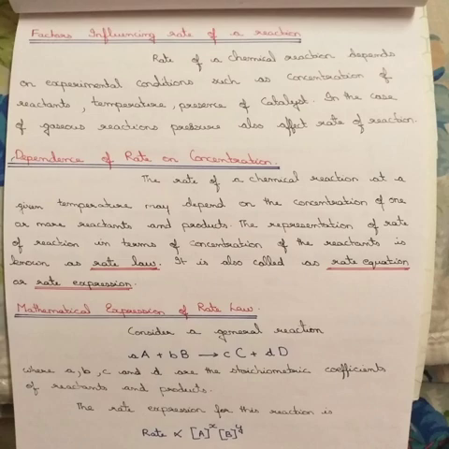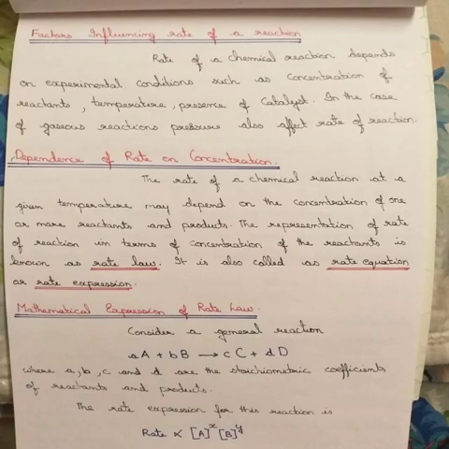So, we know how to write the rate expression. In the previous section we were discussing it. According to the rate law, the rate is directly related to the concentration of reactants raised to some power.